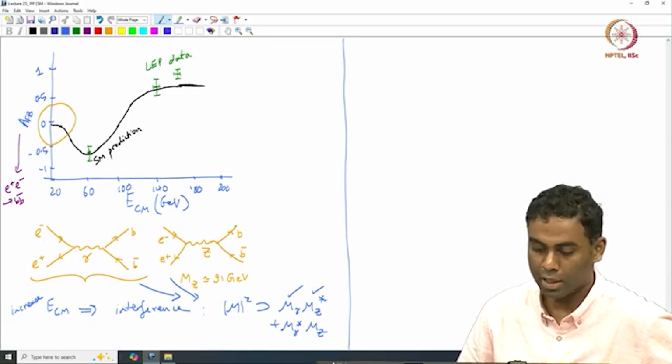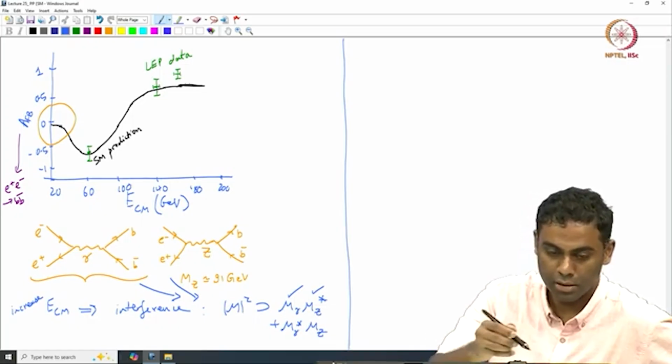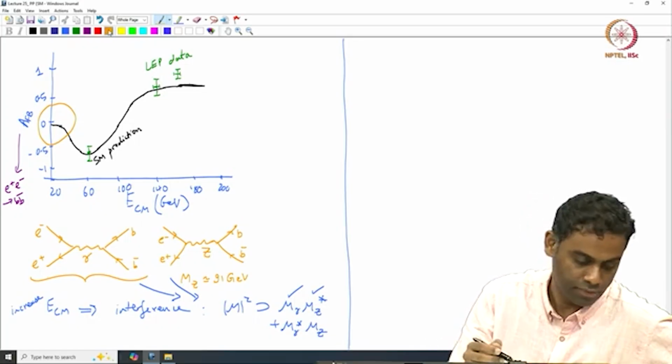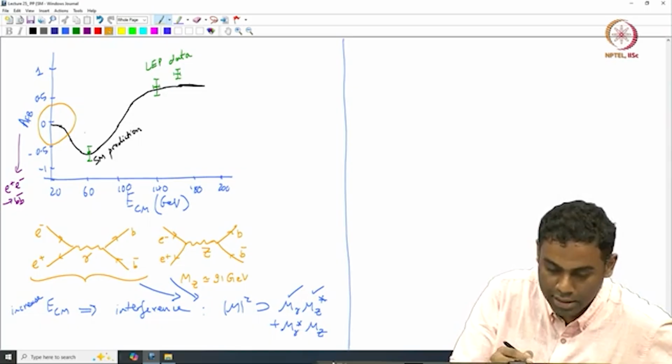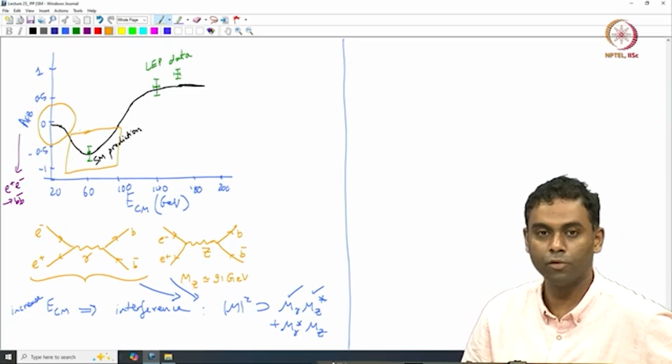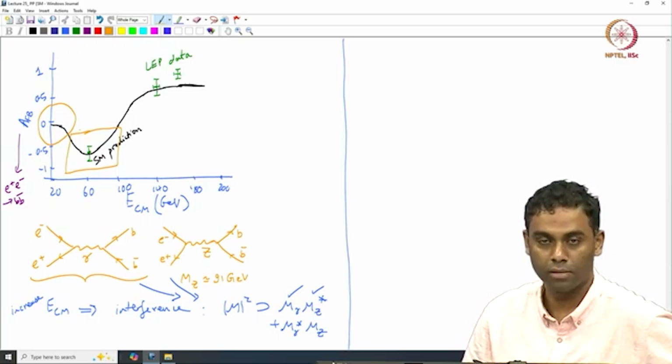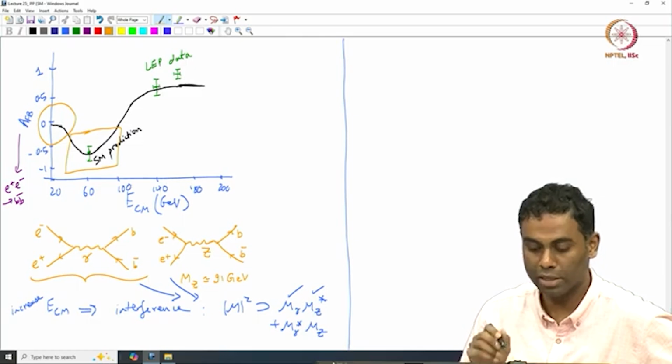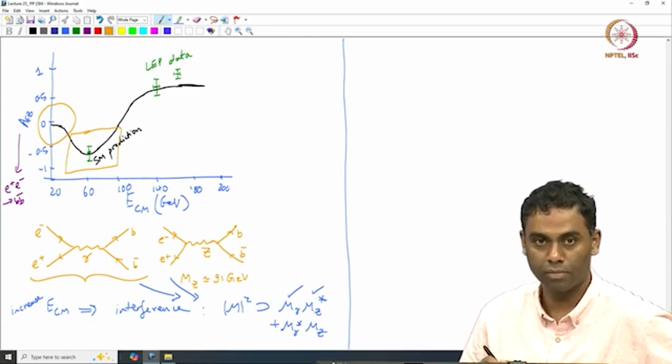But the point is that because of this interference in this region, you are already seeing the effects of parity violation even before you hit the Z boson properly. Even before you pump in enough energy to make the Z boson in your colliders.